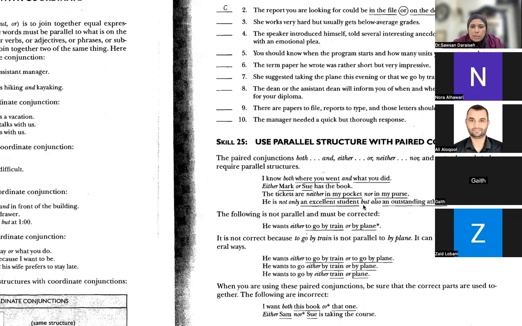All right? يعني كثير بنحكي هاي عن بعض الطلبة, right? So he is not only an excellent student, but also لكن أيضا an outstanding athlete. كمان رياضي إيش؟ متميز. All right? So look, outstanding is an adjective, excellent is an adjective, student is a noun, athlete is a noun. Student معناها طالب, athlete هون معناها شخص رياضي, right?